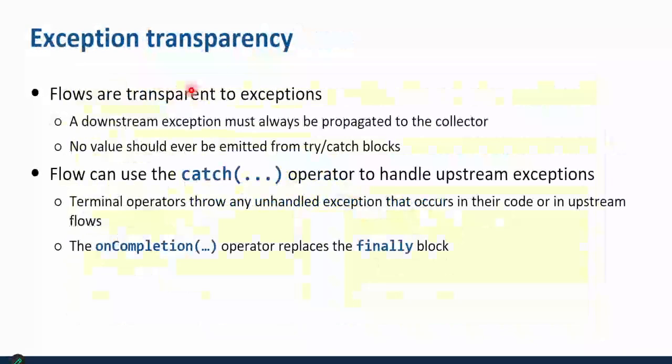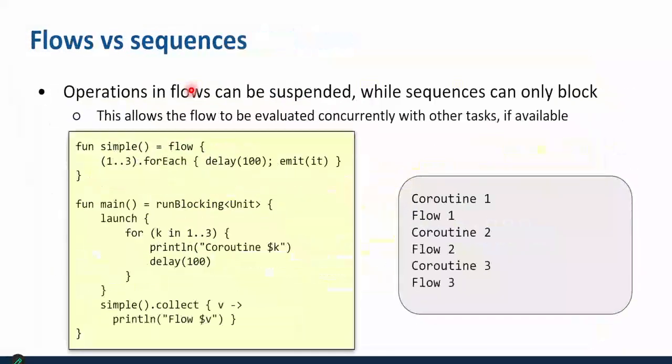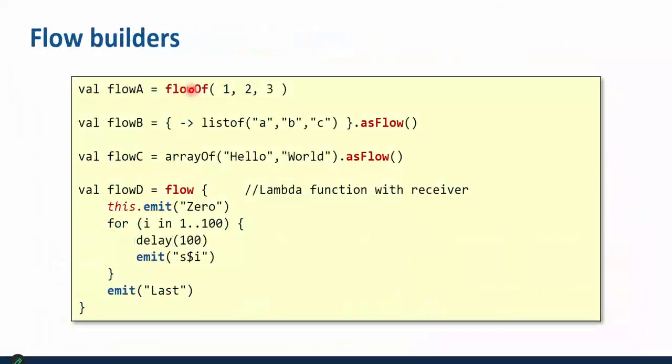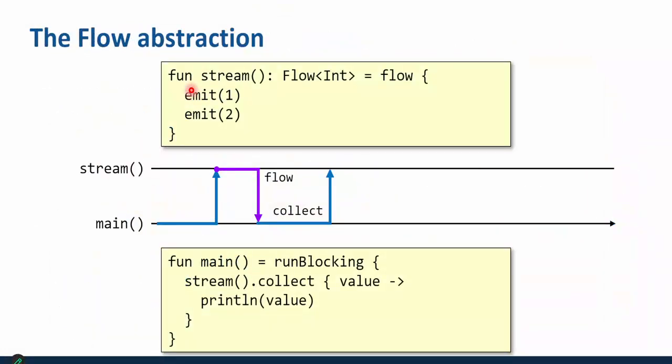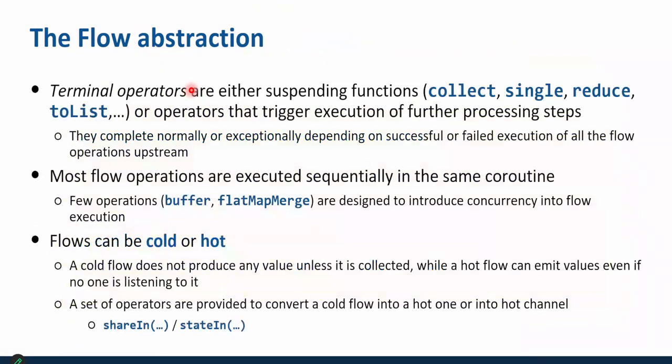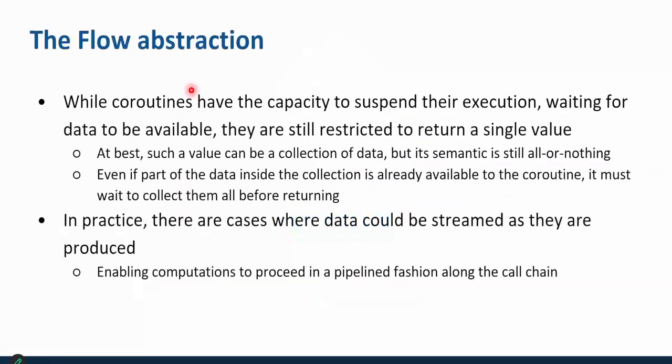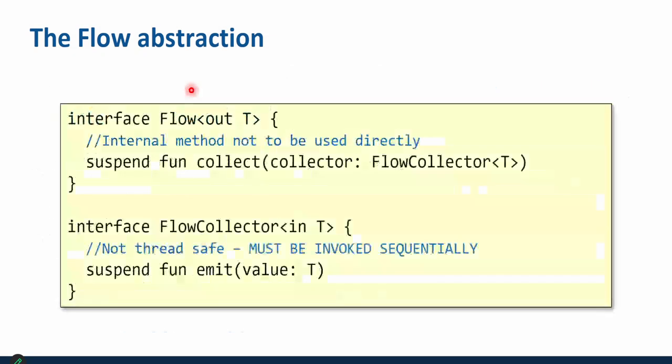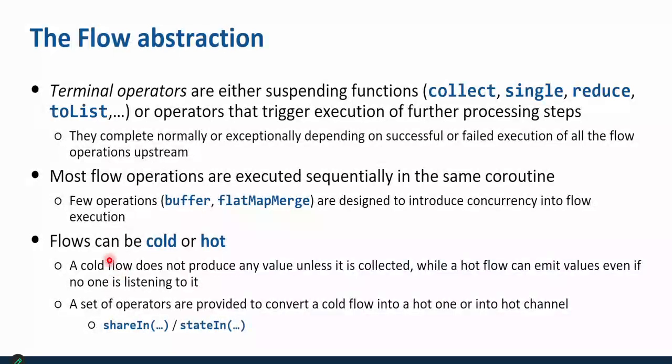Any question about flows? I know there are a lot of details. The key take-home messages are that these are sequences, and remember that they may be operated exclusively in a coroutine. There are convenient methods to execute a plan, and you can either have cold flows that execute the plan when you trigger it, or hot flows that execute the plan whenever new data is available.